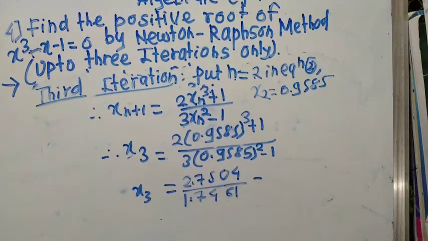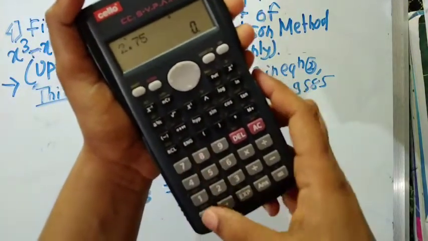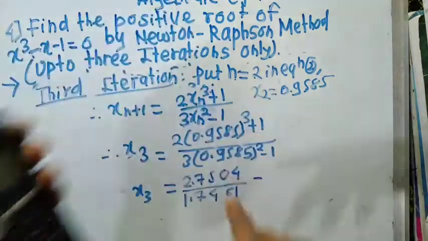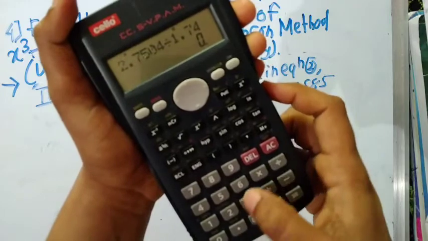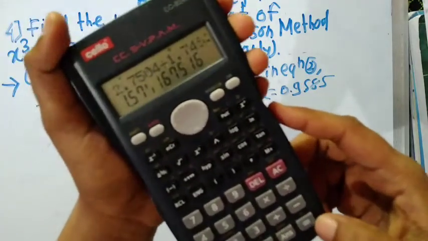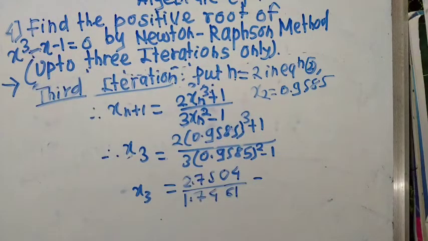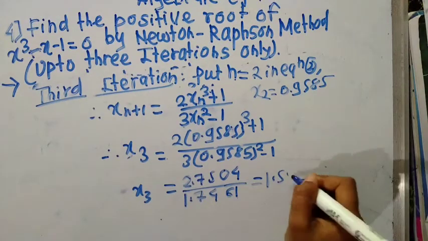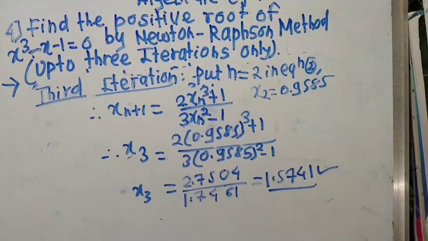And then divide, 2.7504 divided by 1.7461, which is equal to 1.5741. It is the answer. This is the third iteration.